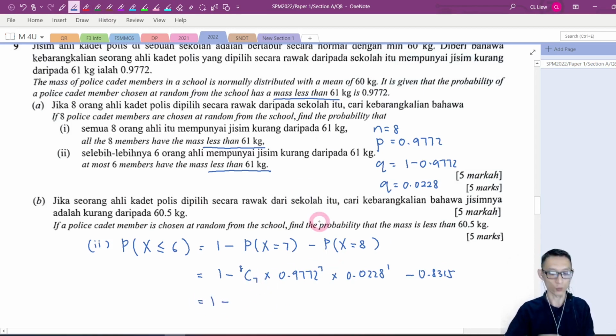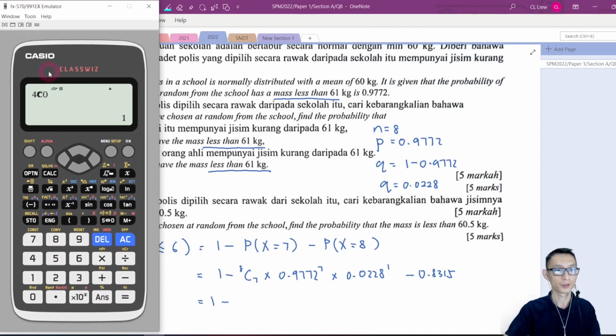Okay, just press this one. 8C7 times 0.9772 raised to the power of 7 times 0.0228 raised to the power of 1.